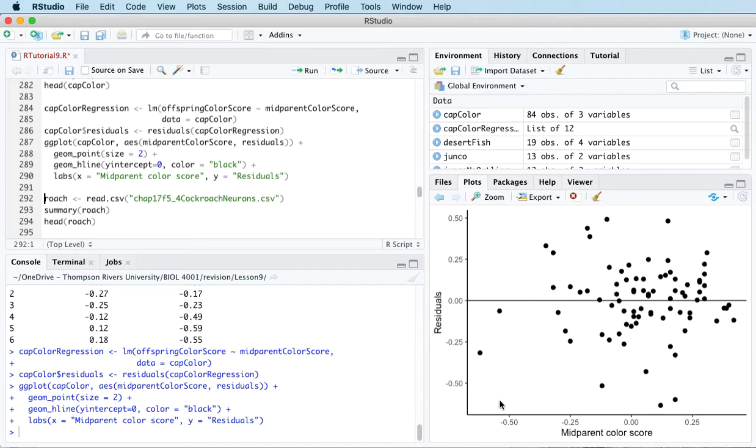So one way to assess those assumptions is to create a plot like this, which is known as a residual plot. And if the assumptions hold, what we should see in this residual plot is a roughly symmetric cloud of points above and below the horizontal line at 0, with a higher density of points close to the line than far away from the line. Okay, that seems to be supported by this residual plot.